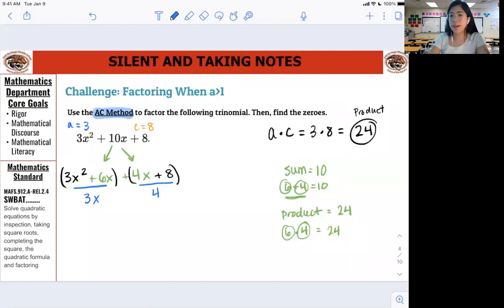Does it just go away magically? There we go, guys. Good. It goes in the front. It goes in the front. Then when you divide, you can figure out what you're left with. So 3x squared divided by 3x, what's left?